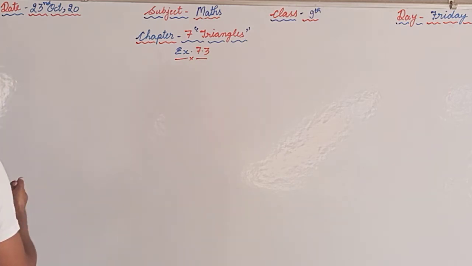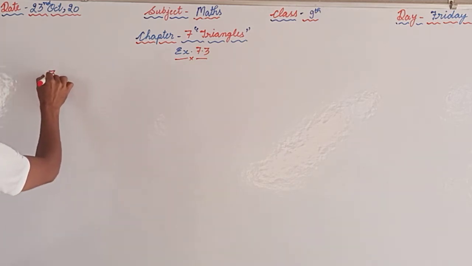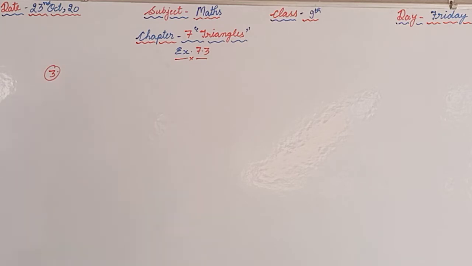So now question number 3 of exercise 7.3, in which two sides AB, BC and median AM of a triangle ABC are respectively equal to sides PQ, QR and median PN of triangle PQR. Two triangles are there.